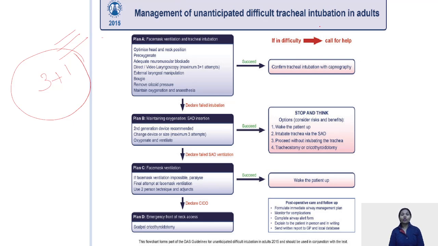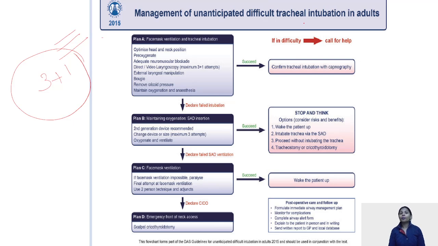But you have to be careful that in all the 3 attempts, the technique of laryngoscopy has to differ. That is, you have to either use certain adjuncts like a bougie or stylet, or you can use a video laryngoscope or a McCoy blade. You can change the size of the blade or the type of the blade. Done, 3 plus 1 attempts.